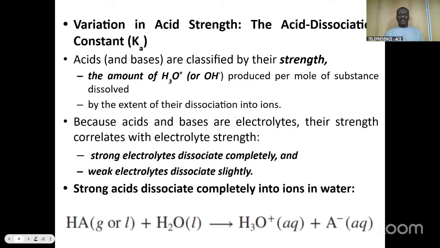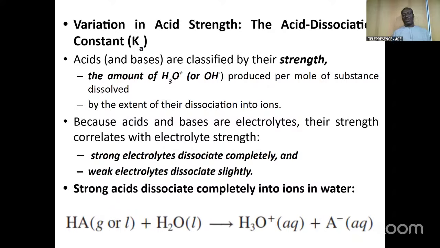When we talk about an acid or a base, we classify acids and bases on their strength. So we have what we call strong acids and, of course, strong bases. The strength of the acid is determined by the amount of hydroxonium ion or hydrogen ion produced per mole of such a substance.